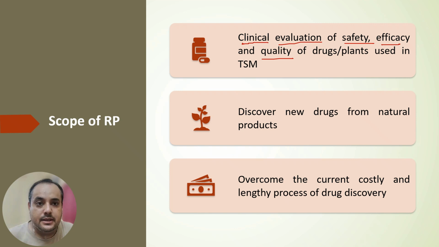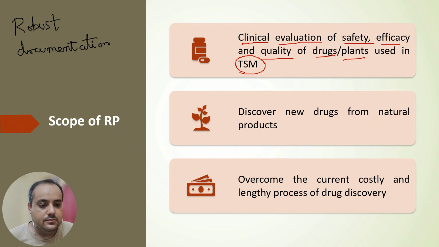Quality of whom? Of all the drugs or the plants that we are using in the traditional system of medicine. So now in case of reverse pharmacology, there is a proper and robust documentation of the drugs that we have been using in the traditional system. So we have proper scientific data, right?